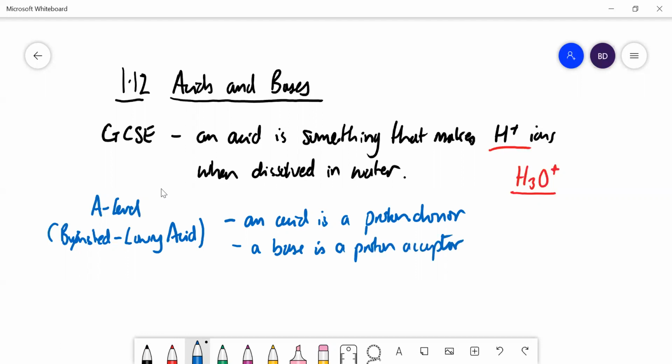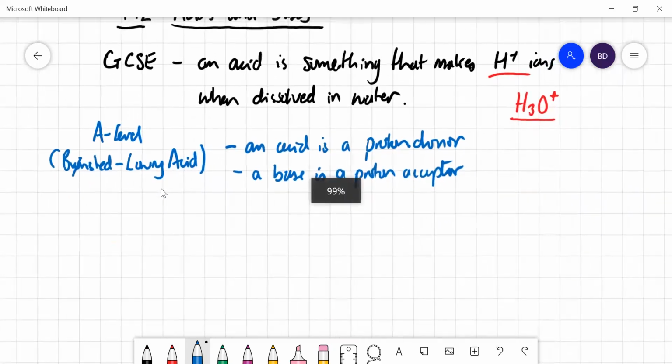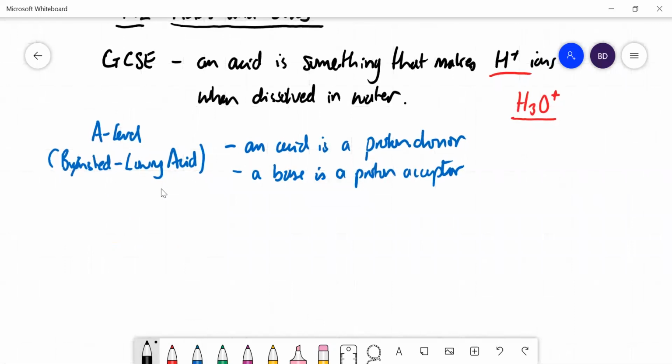So if we think about GCSE, what would we be talking about? We'd say HCl dissolves in water, that's covalent. It splits up and forms H plus ions and Cl minus ions.